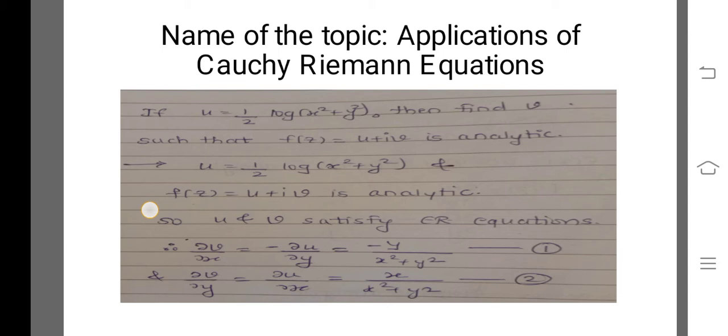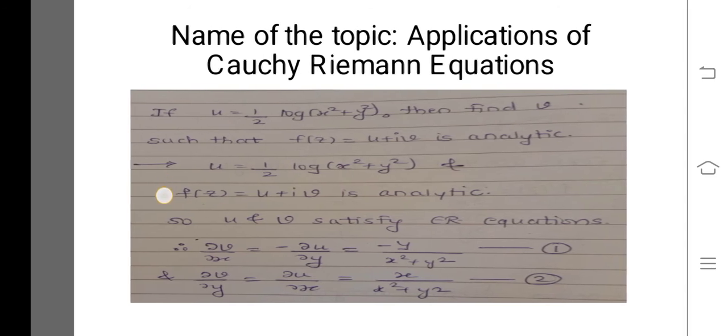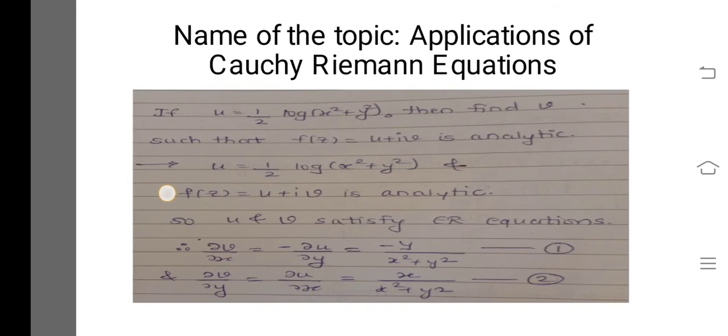So, we can calculate partial derivatives of v. ∂v/∂x is minus of ∂u/∂y, that will be minus y upon x square plus y square. And ∂v/∂y is ∂u/∂x, that is equal to x upon x square plus y square.